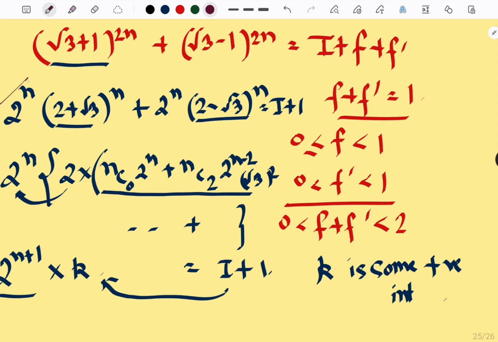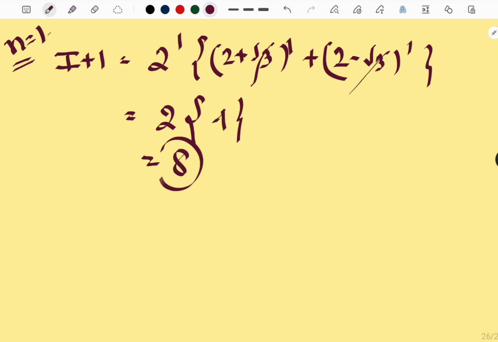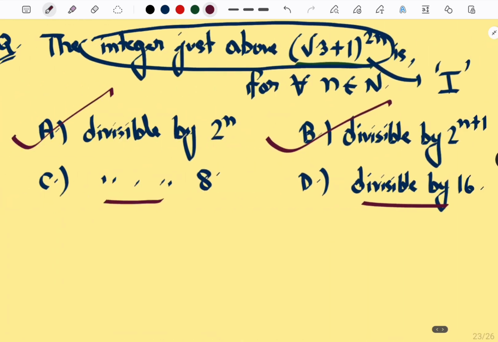We put on this equation. So this will be 2 into 4, which is equal to 8. Now I + 1 is divisible by 8 for n equal to 1 and is not divisible by 16. Not divisible by 16. So what are we seeking? We are seeking the general case. If we are seeking the general case, we obviously have to remove this option, but this is correct.